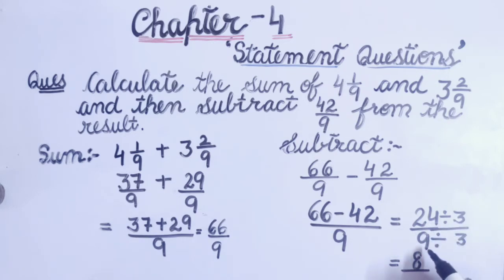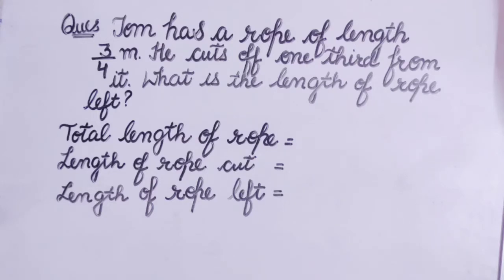And when we divide 9 by 3, what do we get? 3. 3 3s are 9. Now our answer is in standard form. So we can say that our exact answer is 8 by 3. Clear students? Now students, we will discuss the next question.